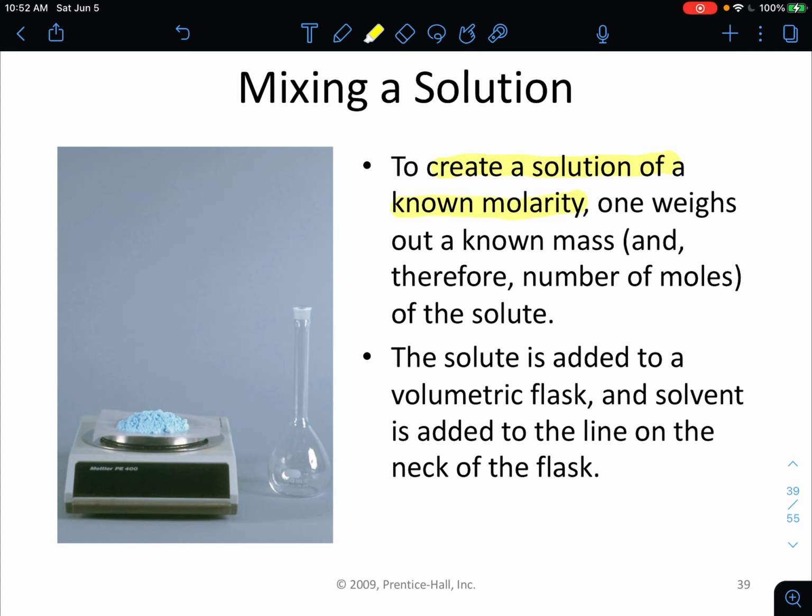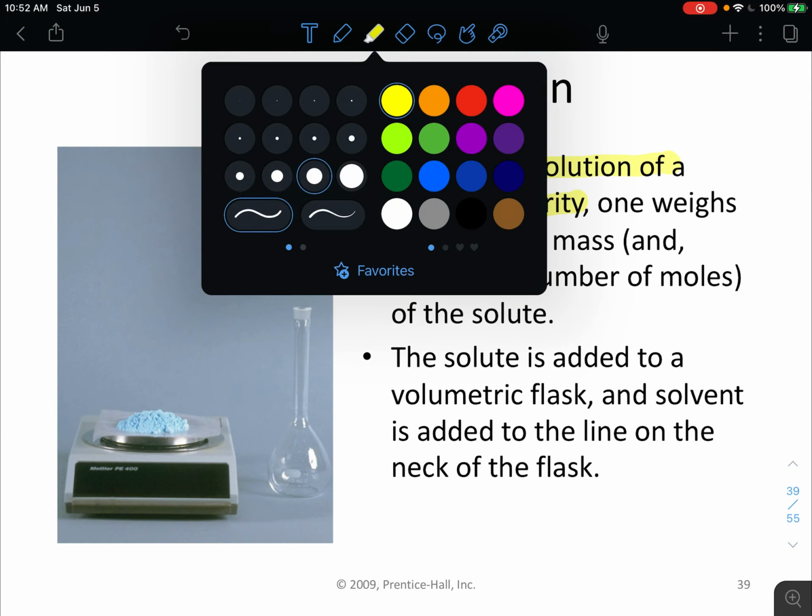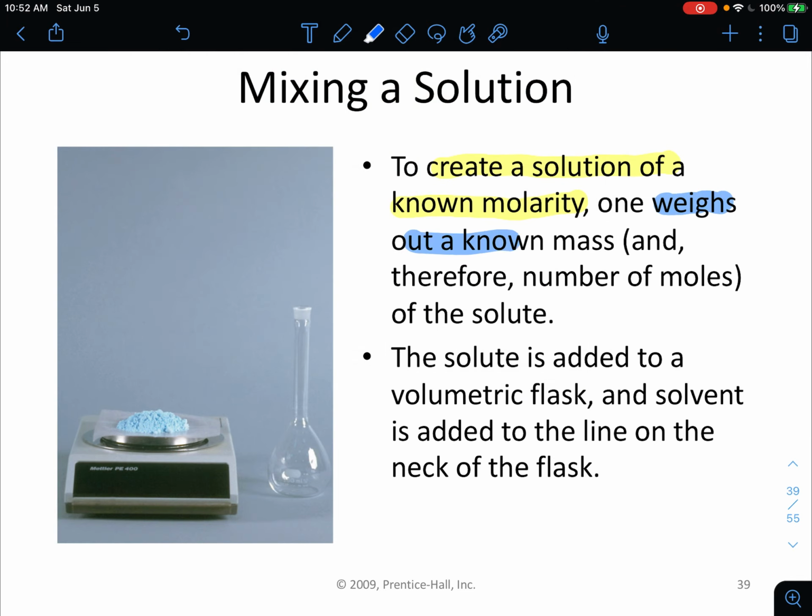From that molarity, you would convert moles into grams using the molar mass of whatever substance it is, and then that would tell you the amount to weigh out. And so that would match up with whatever number of moles you have, and then you'd add the solute to the volumetric flask, whatever it may be. So this is describing if the solute were a solid, which is what we want to start with.